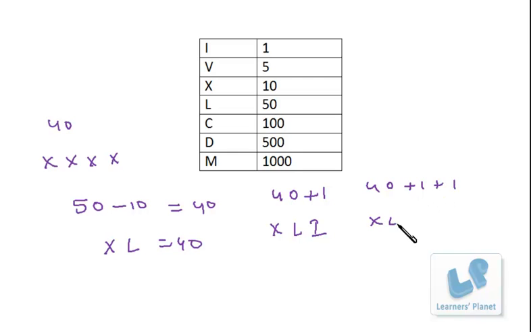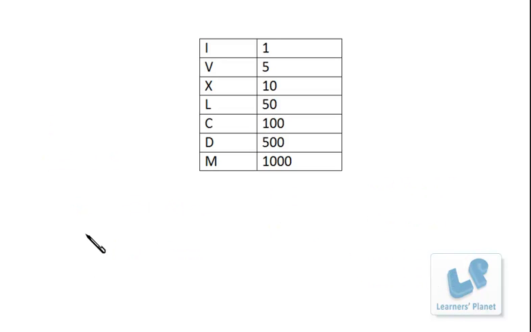So it's X, L, that is 40, then I, and I. Similarly 43, it's 40 plus 1 plus 1 plus 1, so X, L, I, I, I, that is 43. Now 44. Further it is 40 plus 4. What was 40?